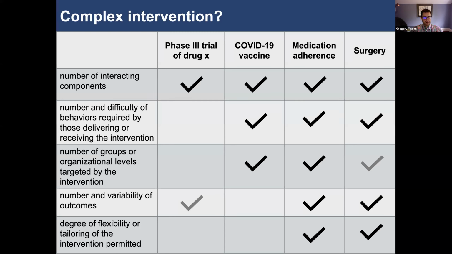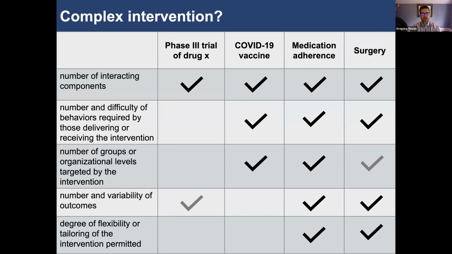And there are really a limited number of groups or organizations targeted by the intervention, and often you have a primary outcome with some secondary outcomes considered, and there's very little to no flexibility in how this intervention is administered.